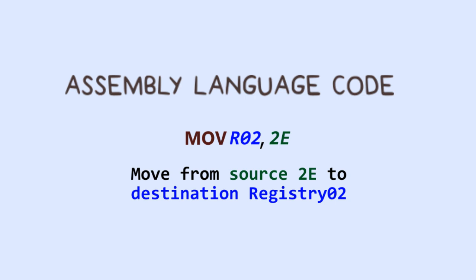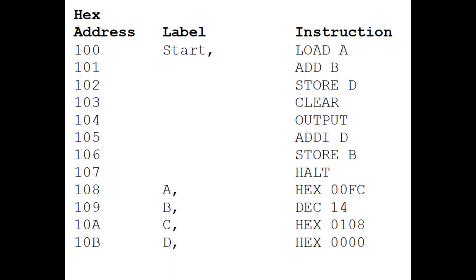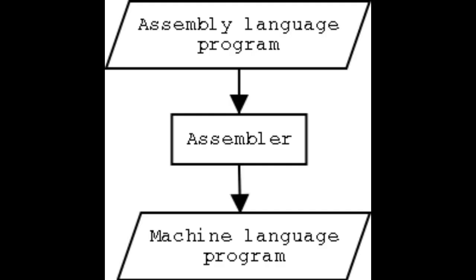So this is like allocating data to a particular register for storage or for manipulating the data later on. So we have instructions and we have our hexadecimal, and this is the elementary form of assembly languages.